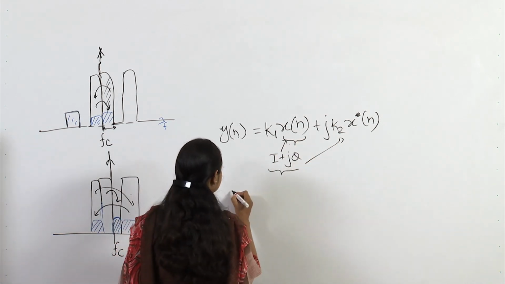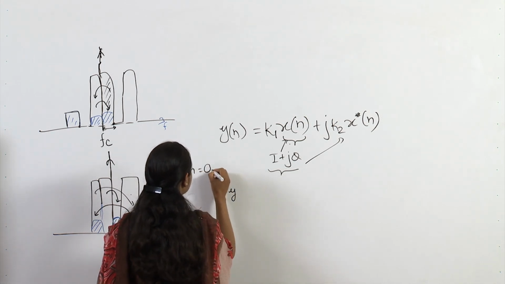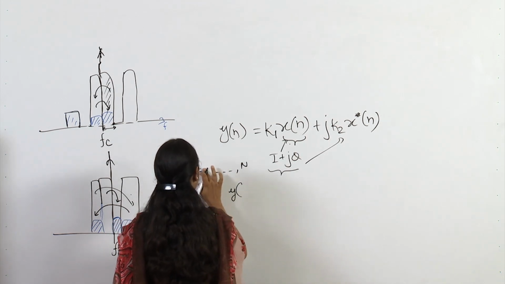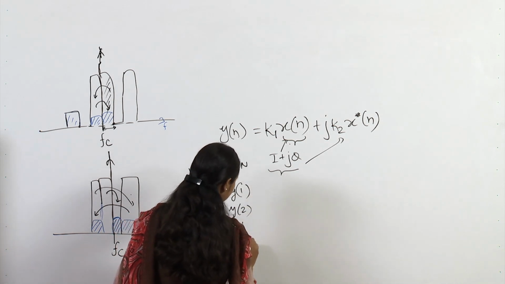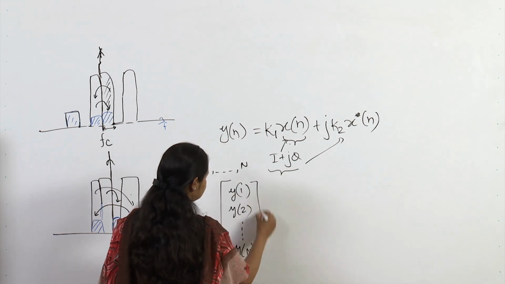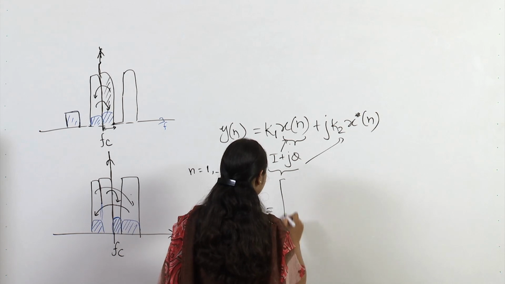How will we make it? If I am talking about n from 1 to N, integer values, y1, y2 up to yn, you will have only two coefficients like we are showing here.